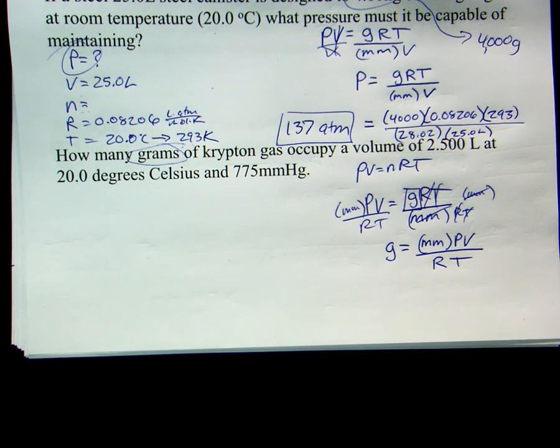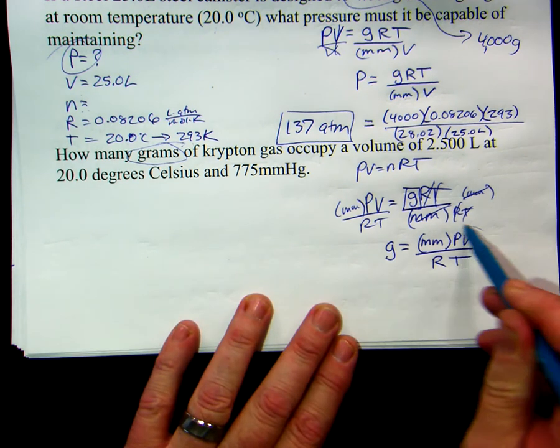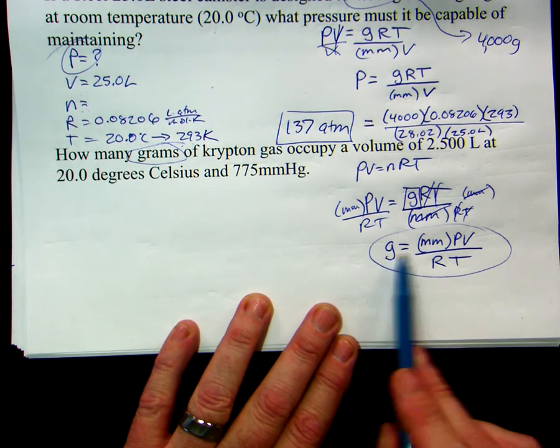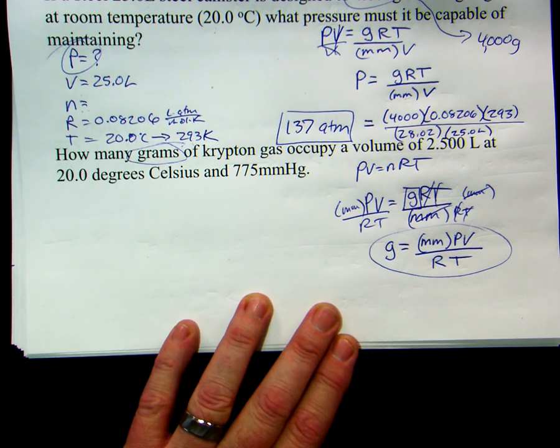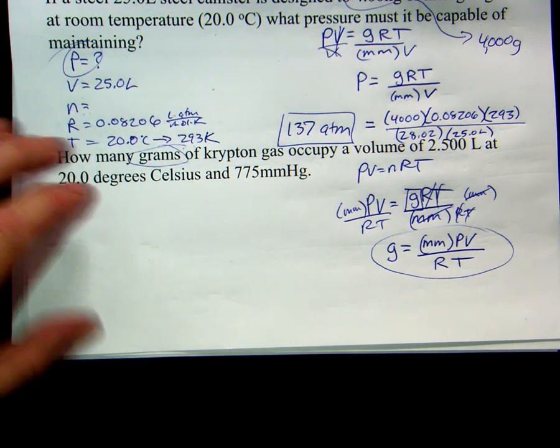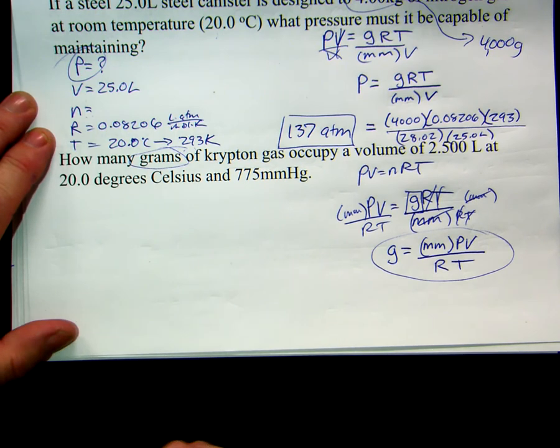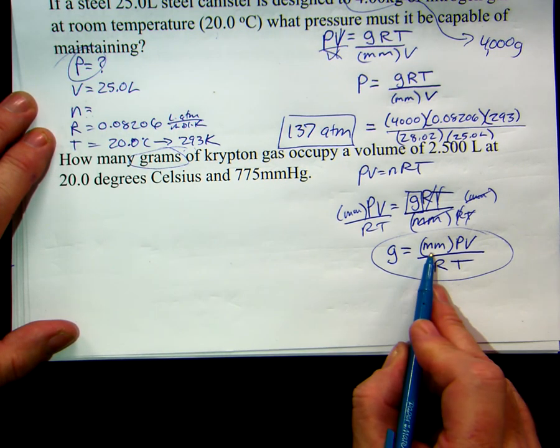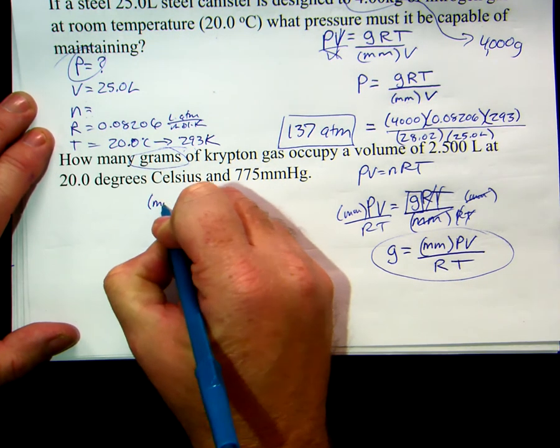But the whole reason I'm doing this is I like to have just an equation that I can plug my values into and then I get an answer. I don't really want to have to think about it a whole bunch. I just want to plug in easy to find values. Okay, so the molar mass, let's start with that.